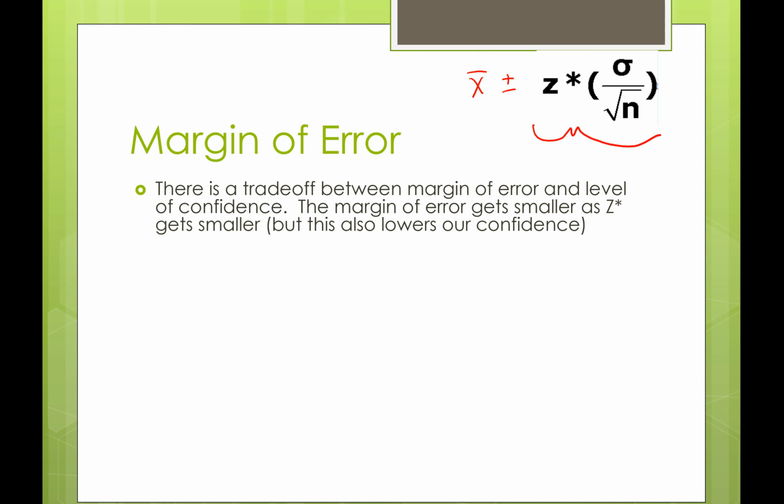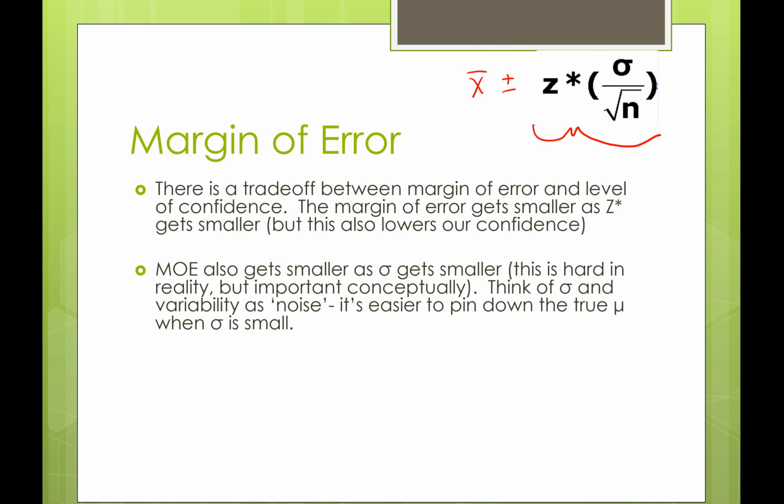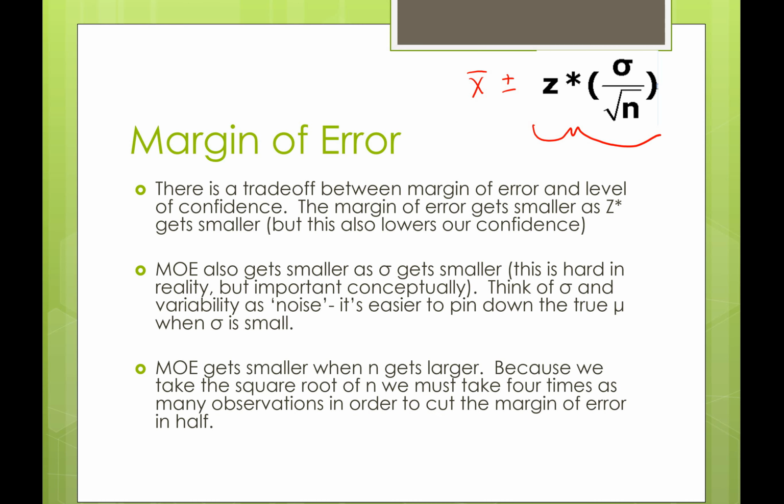So, what is the error in our confidence interval? As your sample size gets bigger, your margin of error gets smaller. And that's usually the only thing you can play with, because a lot of times your confidence level has to be set at a certain value, and your standard deviation is what it is. So usually the sample size is the only thing that you can play around with.